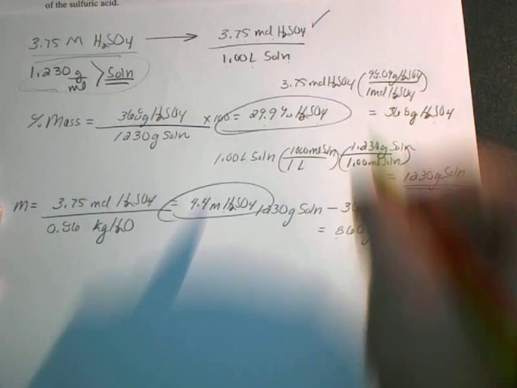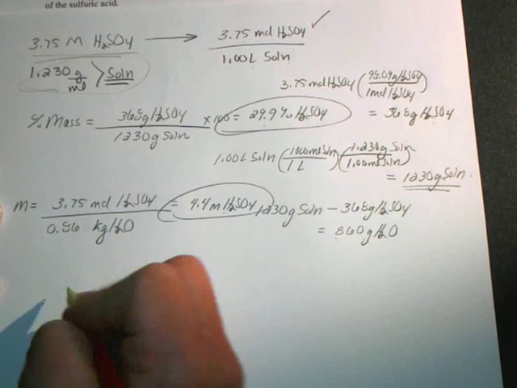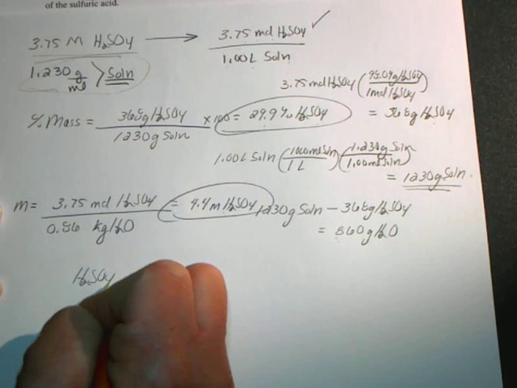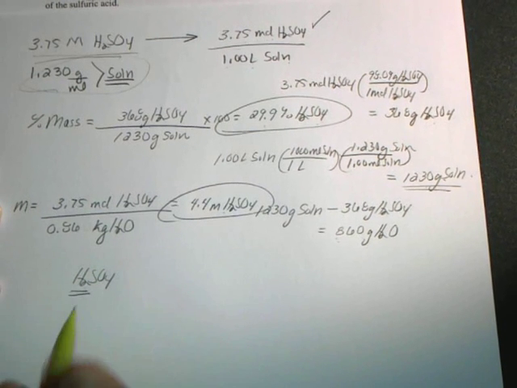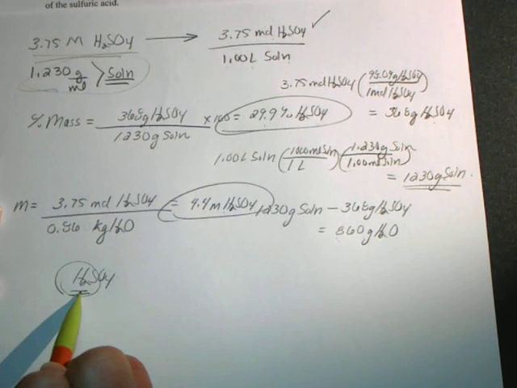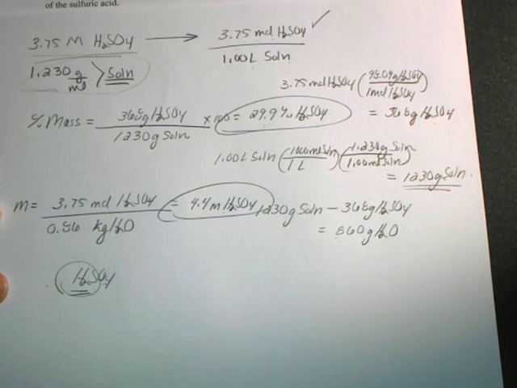One more thing, normality. In H2SO4, there are 2 equivalents for every 1 mole. 2 hydrogen ions are created for every 1 mole of H2SO4.